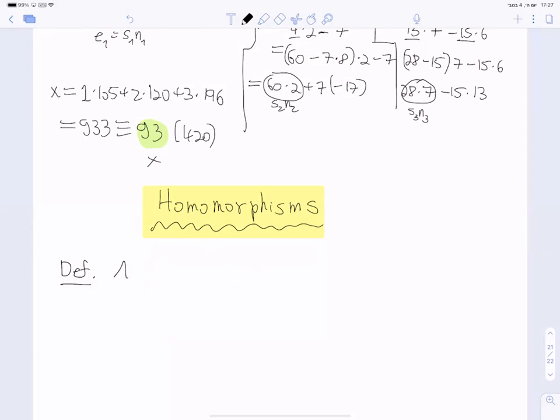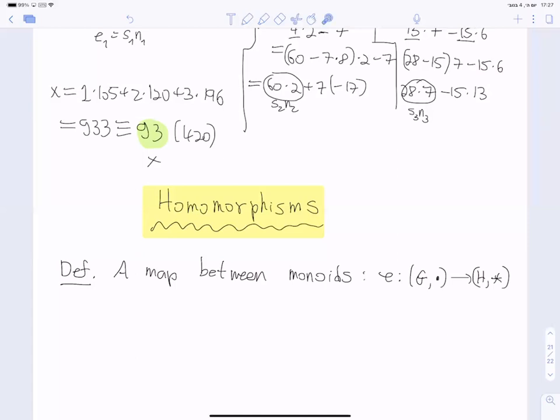A map between monoids. I remind you that a monoid is first a system with an operation which is well defined, closed, and also it's a semigroup.